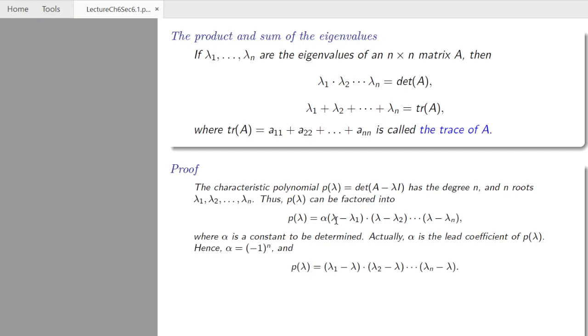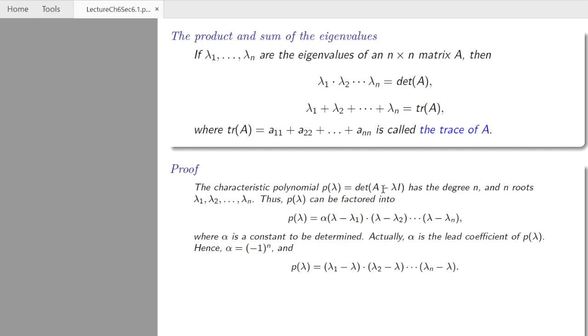In this way, we can say alpha should be equal to negative 1 to the power n. Why negative 1 to the power n? The reason is we need to look at the determinant here. So here the polynomial is defined as the determinant of A minus lambda I.